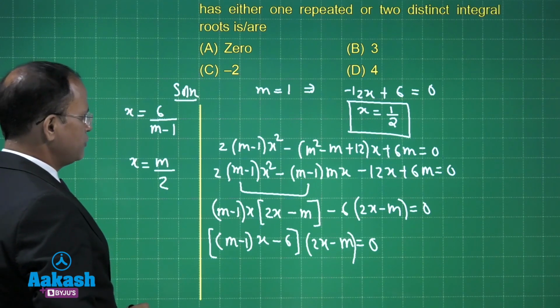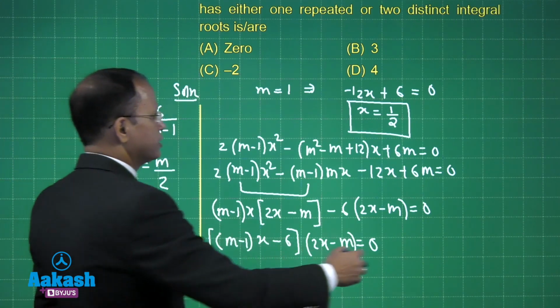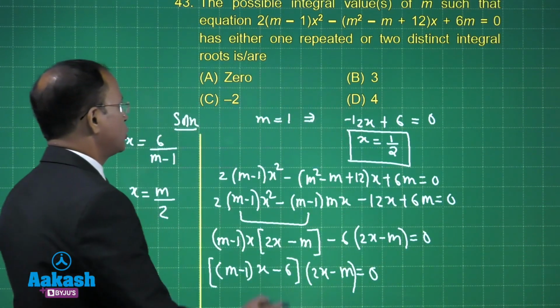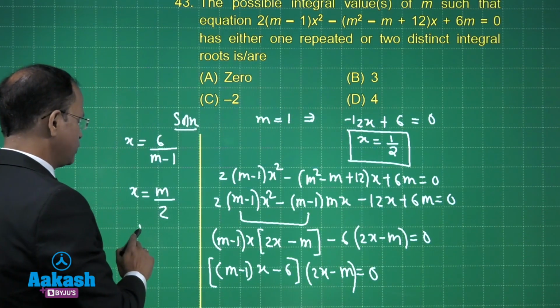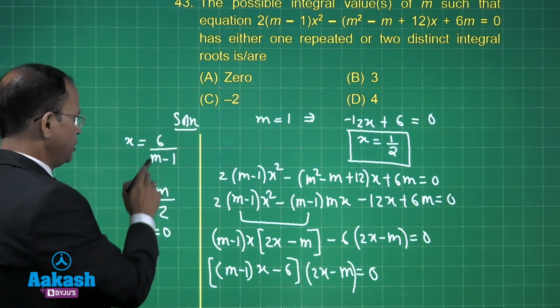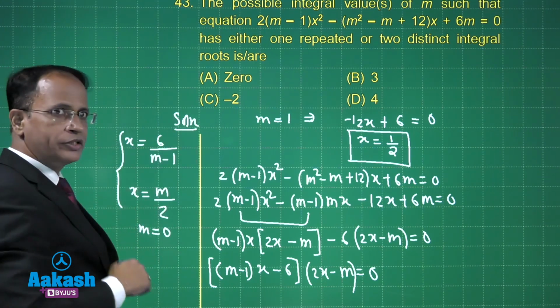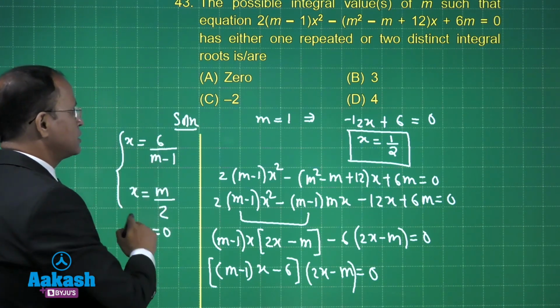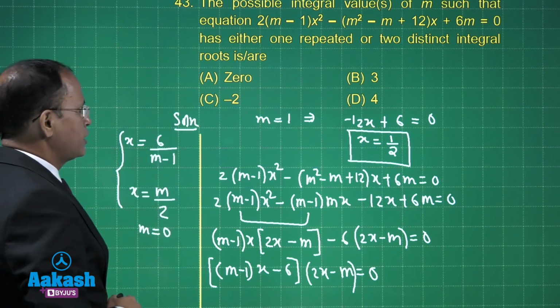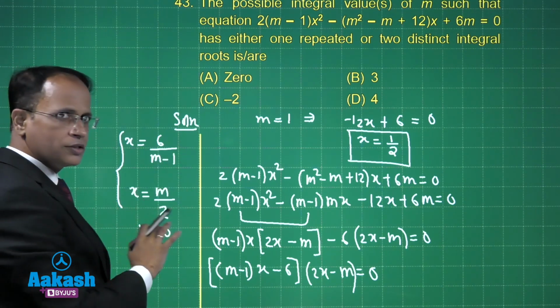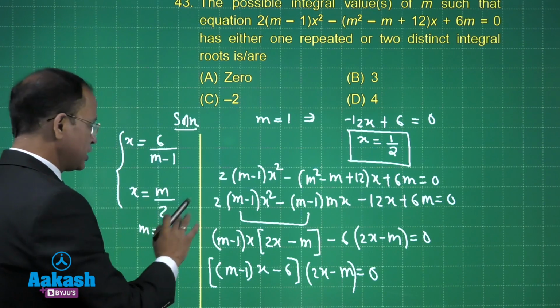So if I talk about the first part, m is equal to 0, both the conditions are going to be satisfied. If m is equal to 0, we have minus 6, 0, fine. Then for 3, we have 3 minus 1, and 3 by 2, so both conditions are not satisfied, so we can't take it.